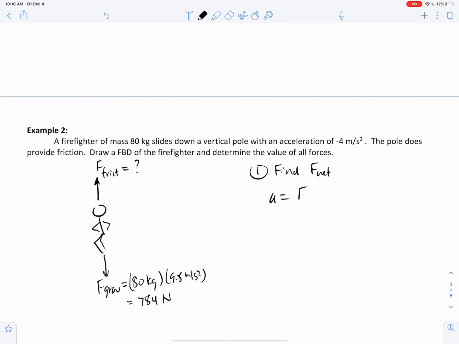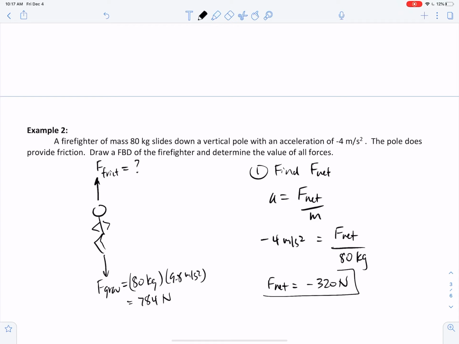From Newton's second law, the acceleration is the net force divided by the mass. The acceleration is -4 meters per second squared. The net force is my unknown. The mass is 80 kilograms. Okay? Multiplying both sides by 80, I get that the net force is -320 newtons.